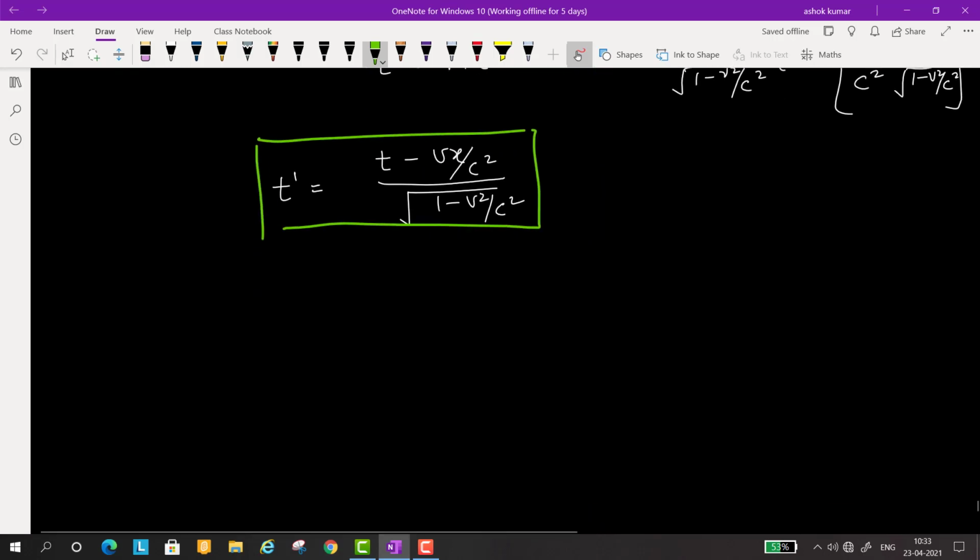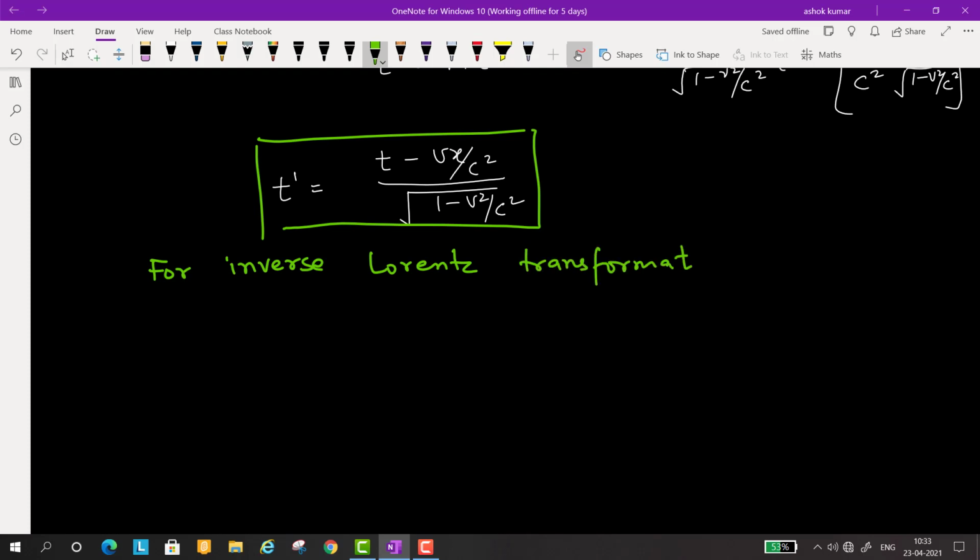So for inverse Lorentz transformation equations, we change simply v to minus v and dashed quantities to without a dash.